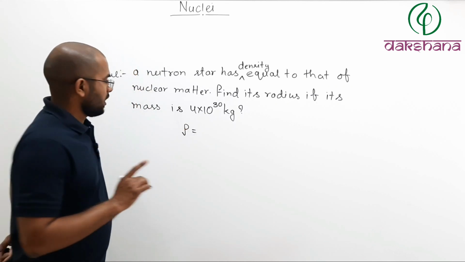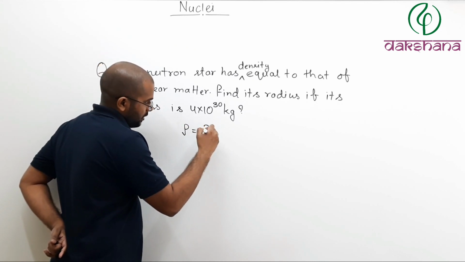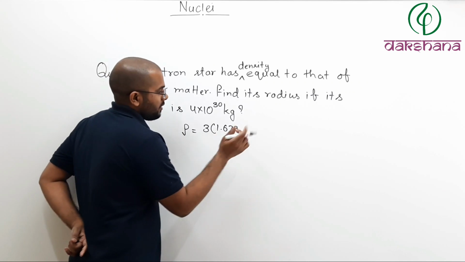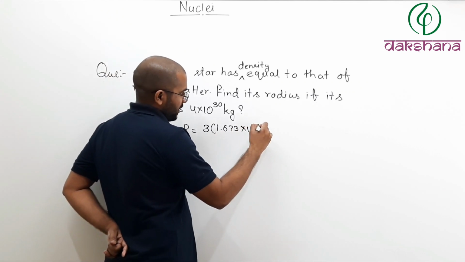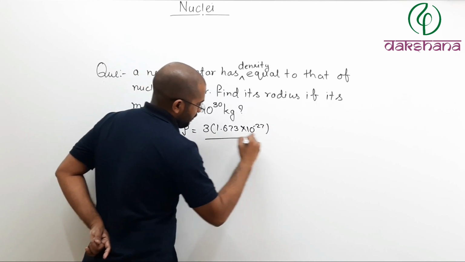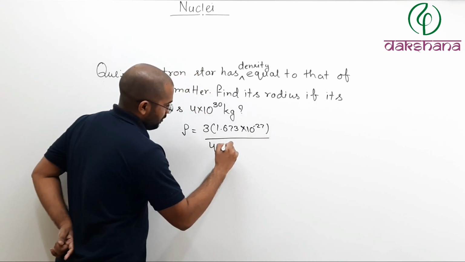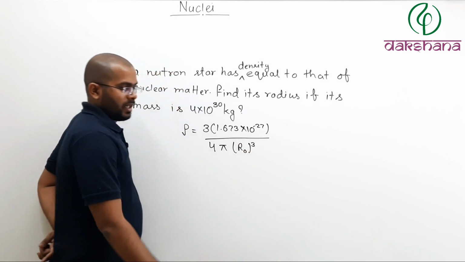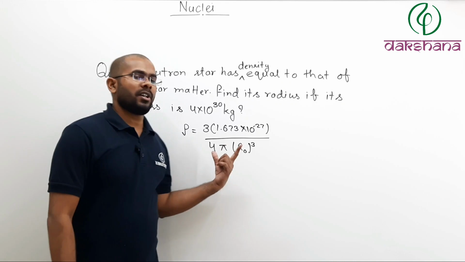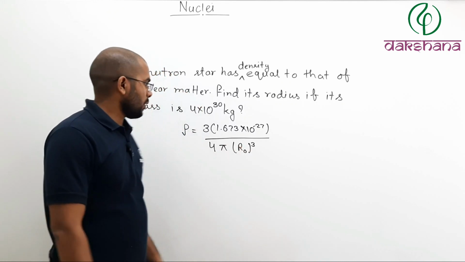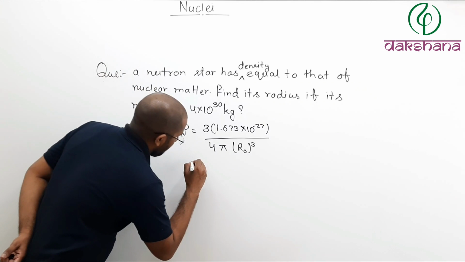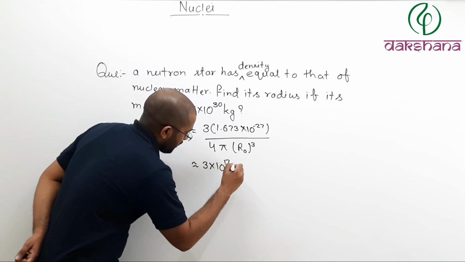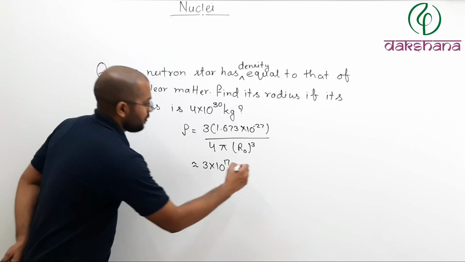If you remember, density of nuclear matter was 3 into mass of a proton, 1.673 into 10 to the power minus 27 kg, divided by 4 pi r naught cube. Now that was your density of a nucleus. It came out to be approximately 3 into 10 to the power 17 kg per meter cube.